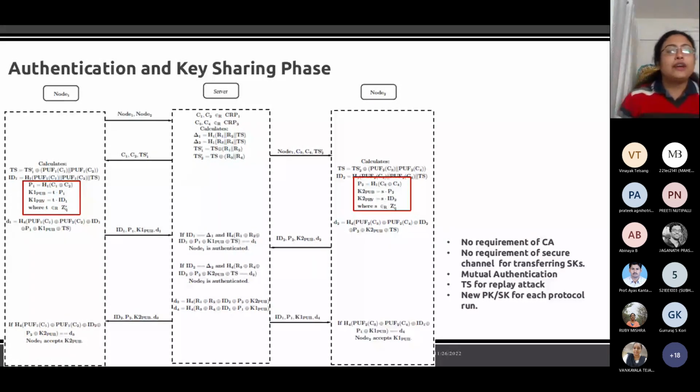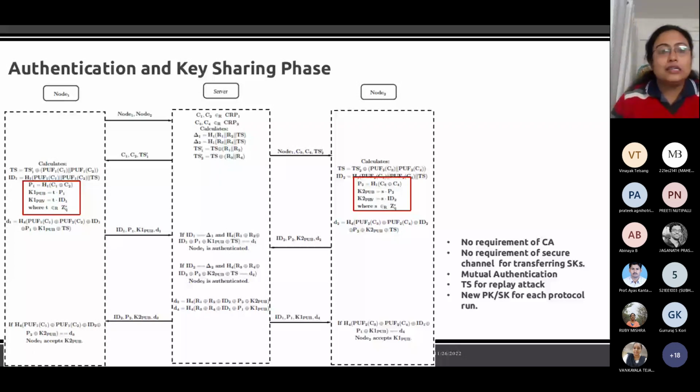Okay, so here we have assumed elliptic curve cryptography. They follow something called the discrete log problem, the elliptic curve discrete log problem, ECDLP, where if you know P1 and you know K1 pub, you cannot get back to T. So we have used this property to create this public key and private key pair.